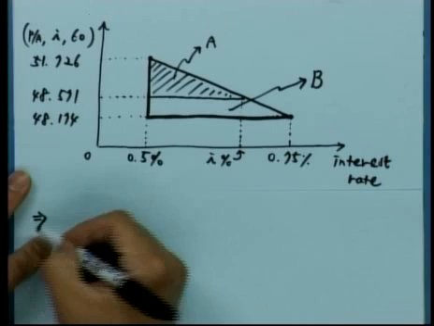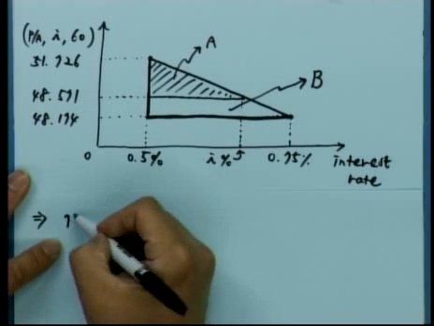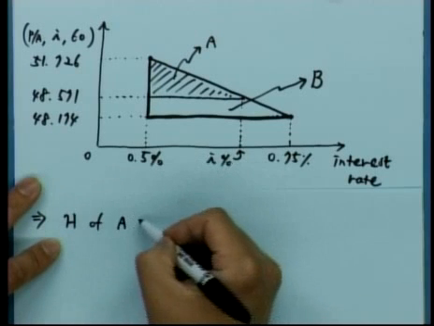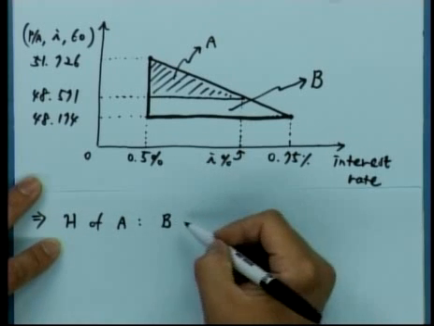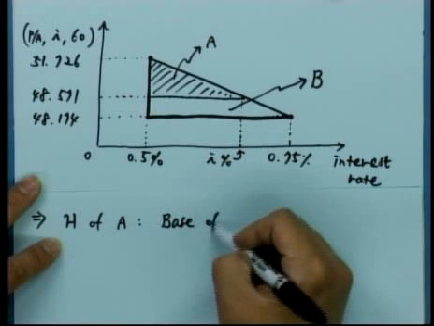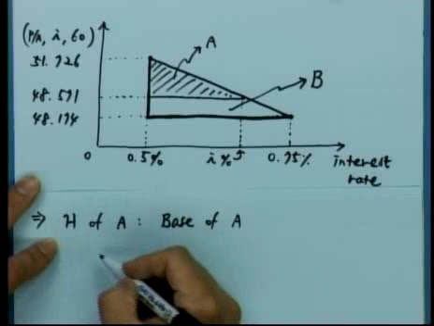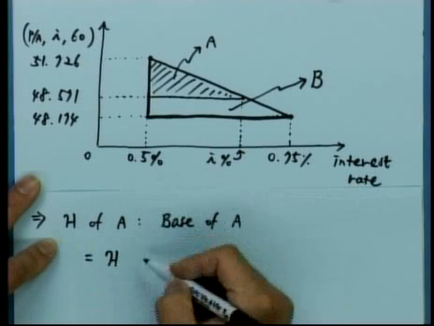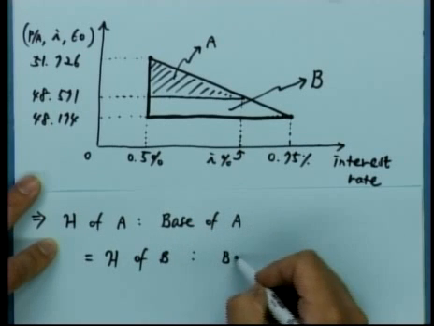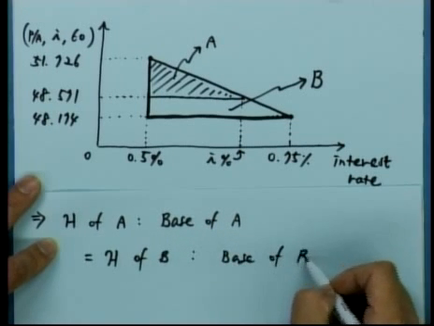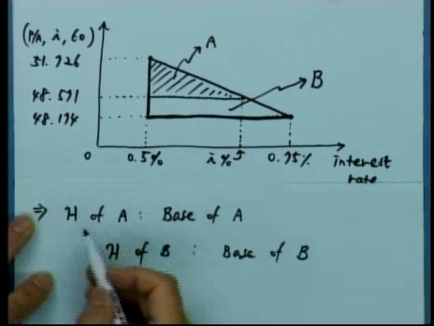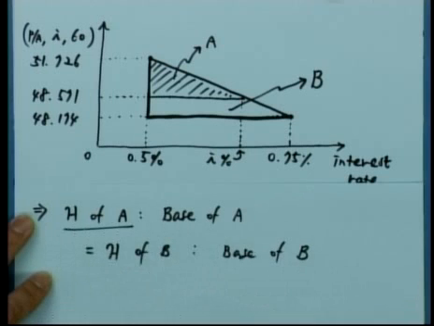So let me write down here: the height of triangle A versus the base of triangle A equals the height of triangle B versus the base of triangle B. Okay? So how do you get the height of triangle A?